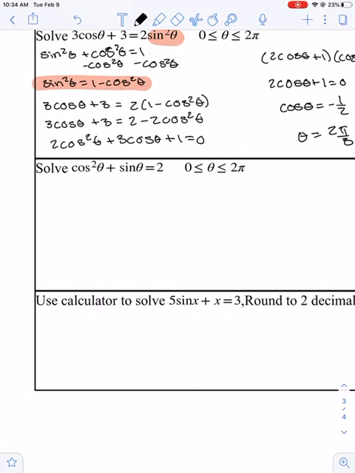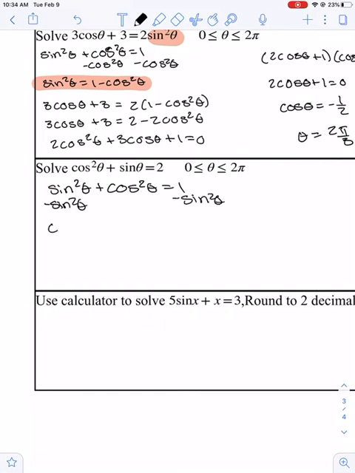Next, we have cosine squared theta plus sine theta equals 2. We're going to use that same identity from last time and solve for cosine this time. So we have sine squared theta plus cosine squared theta equals 1.